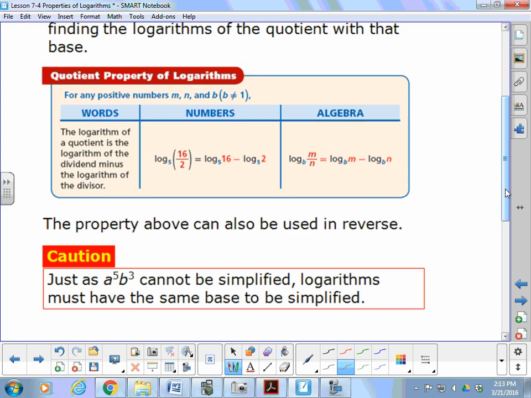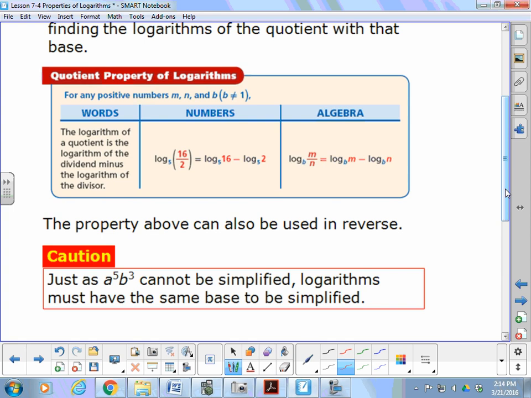So if we're dividing, or I should say if we're subtracting, then we're going to divide them. All right, that's the quotient rule.